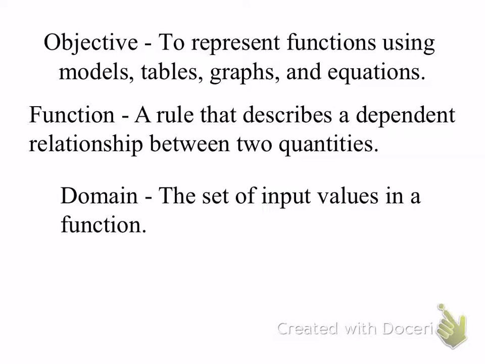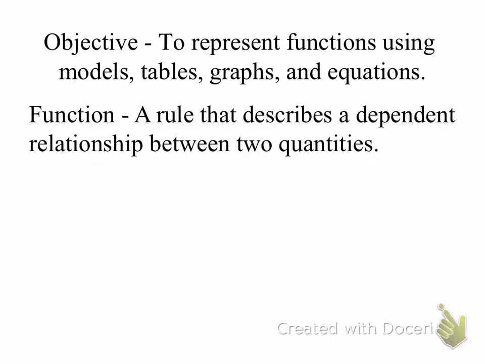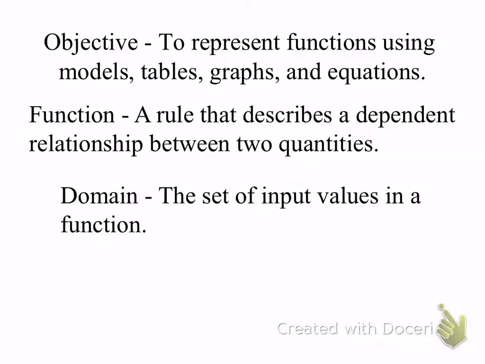So, let's keep going. So, we have our domain. And somebody said the range was our set of outputs. So, what is our domain? Our set of inputs. And when I say that, I mean our x values. You might see a number machine where I'm putting something in. This is my domain.